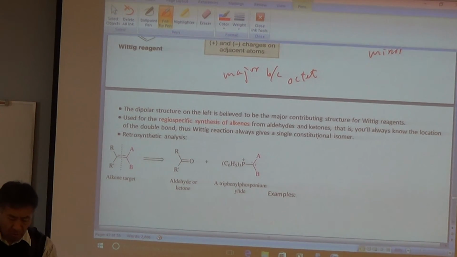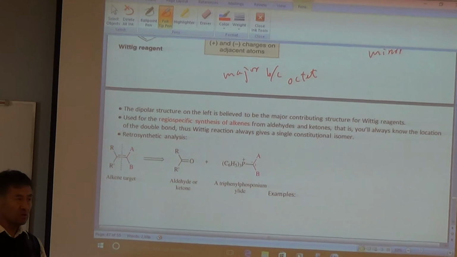And this type of approach is regiospecific, as we know from that one reaction called the Diels-Alder reaction. If you take that conjugated diene and react it with a dienophile, the dienophile has a double bond. The double bond can be trans or cis. So specificity means if your initial double bond in the dienophile is trans, for example, then in your product you also have the trans on the ring.